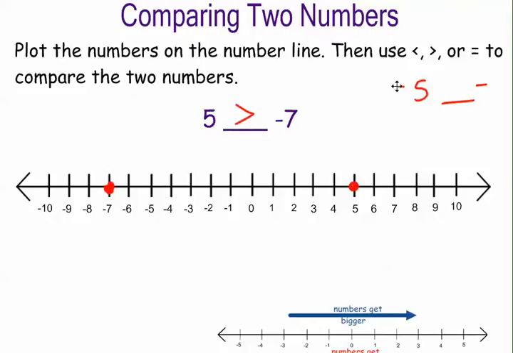Which one would be furthest to the right? That would be -5. Okay. Then your next one says 3 is greater than -2. Which one is furthest to the right? That would be 3 again. Okay.